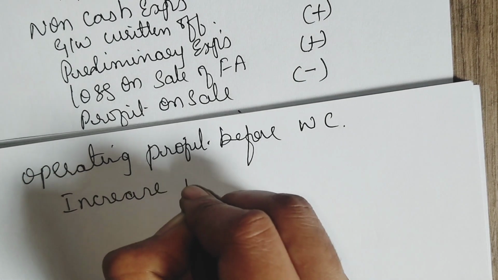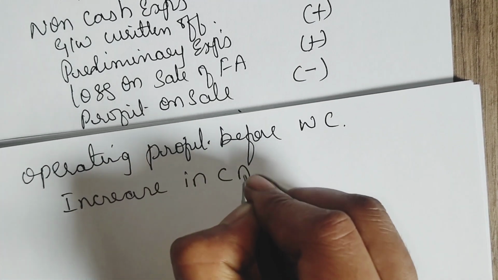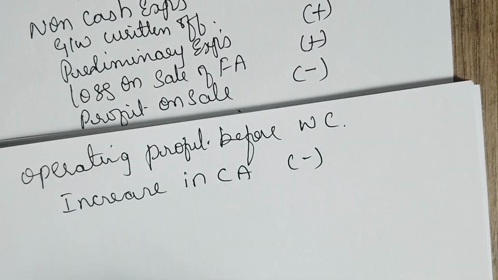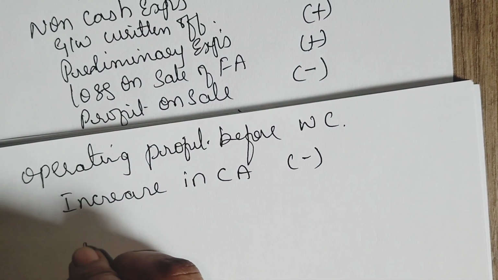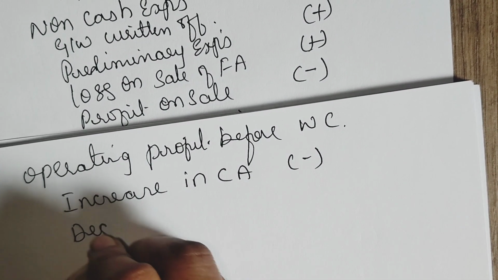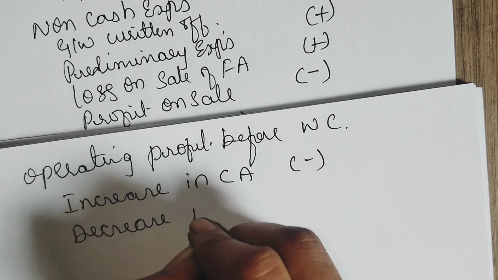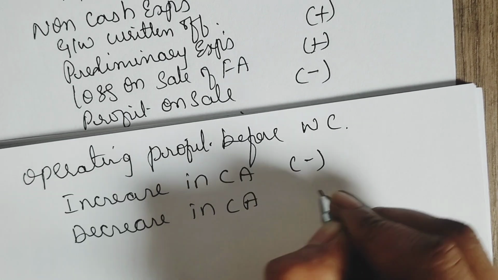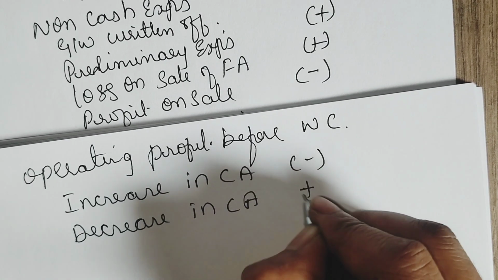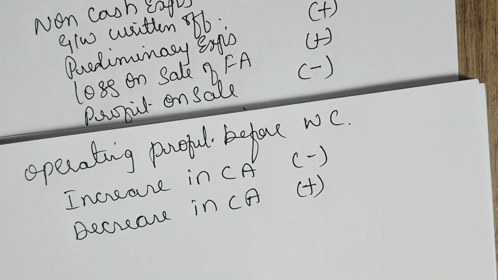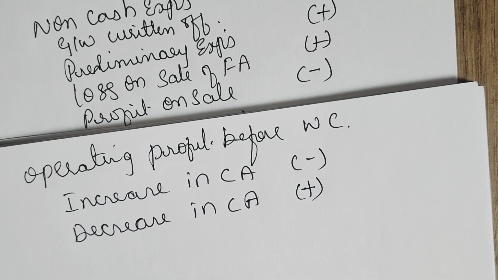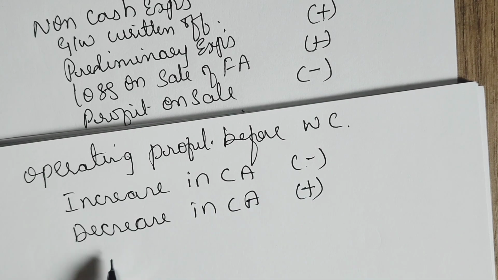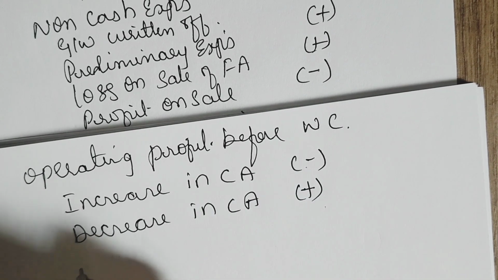Increase in current assets, you need to minus. Decrease in current assets, you need to add. Increase in current assets, you are minusing. Decrease in current assets, you are adding.